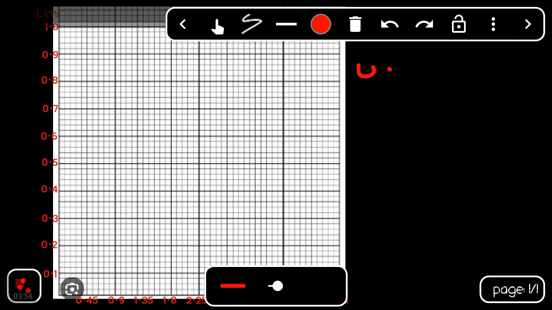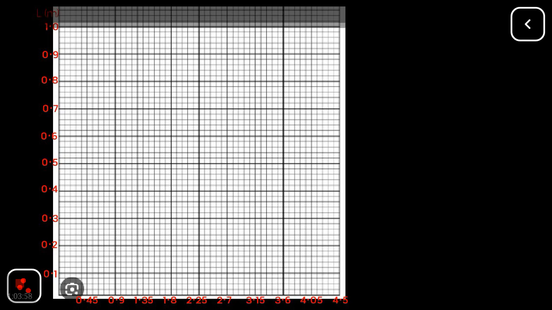You start from the centimeter. You say 1 centimeter, which is one big box, represents 0.1 units. In this case the unit is length, meter, so it represents 1 meter.